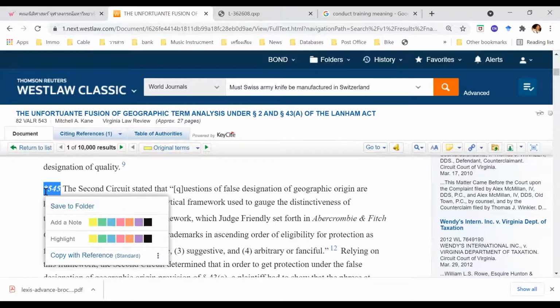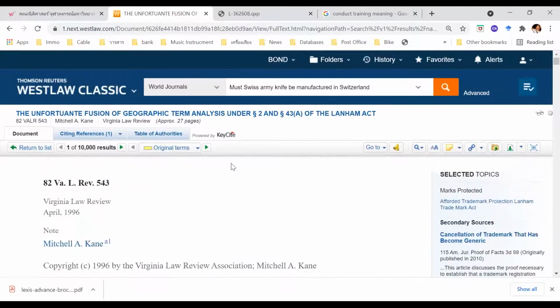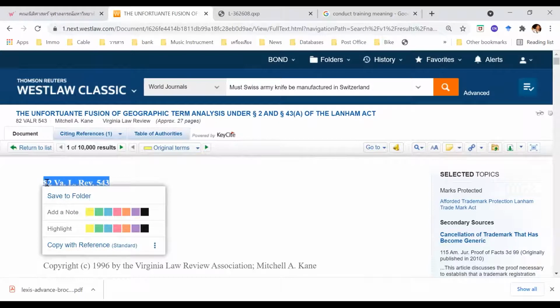This is another thing. And another one: when you want to come back to this article again, but you don't want to save anything, Westlaw only allows you to keep this as information that you can link back or that brings you back to this article again.